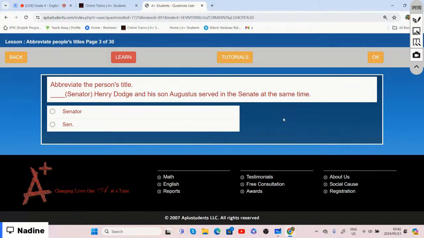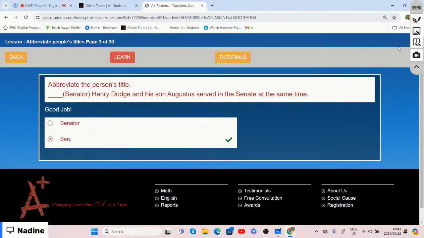All right. And if we were to abbreviate the word senator, yes, remember when we abbreviate the word, the word needs to start with a capital letter and it ends with a period. That is when we abbreviate or shorten that word, right? So yes, we will go to the second option, which is Sen. and period.